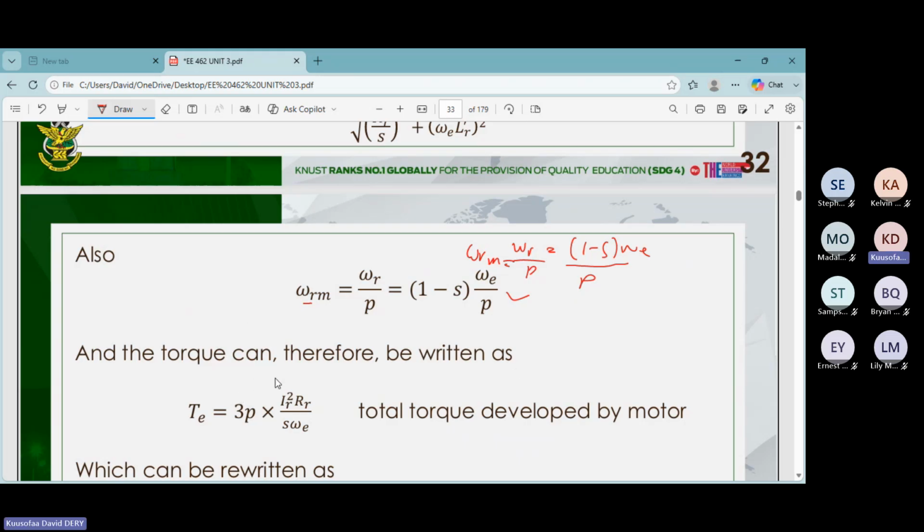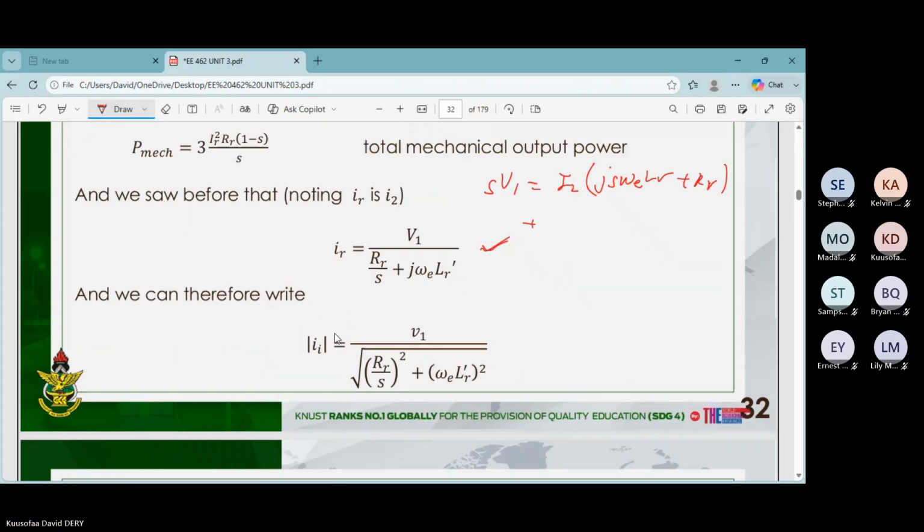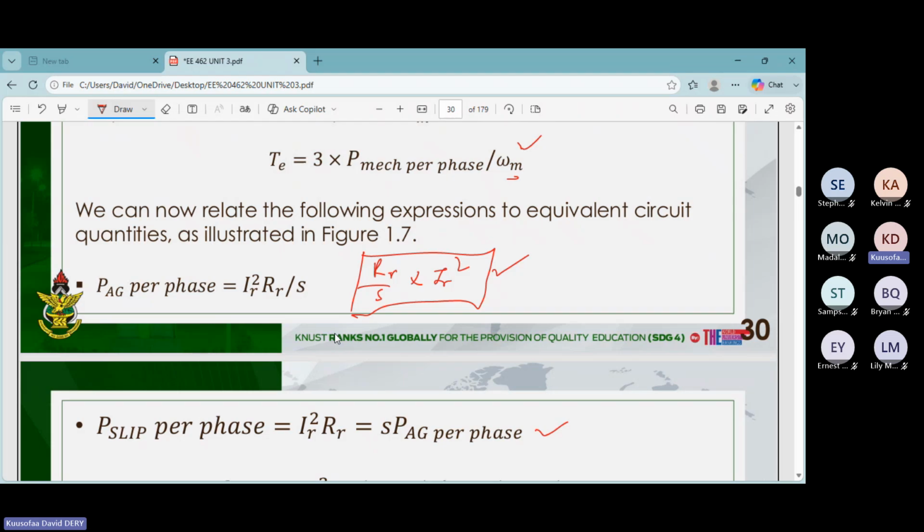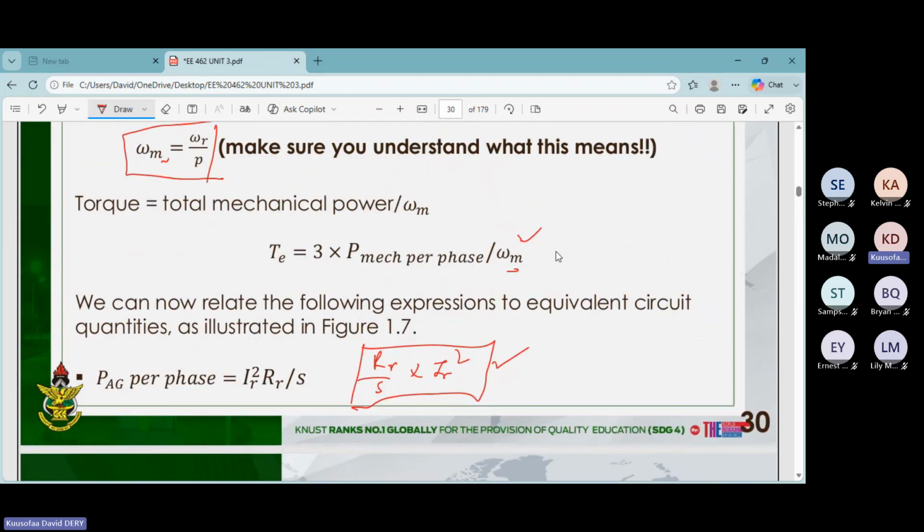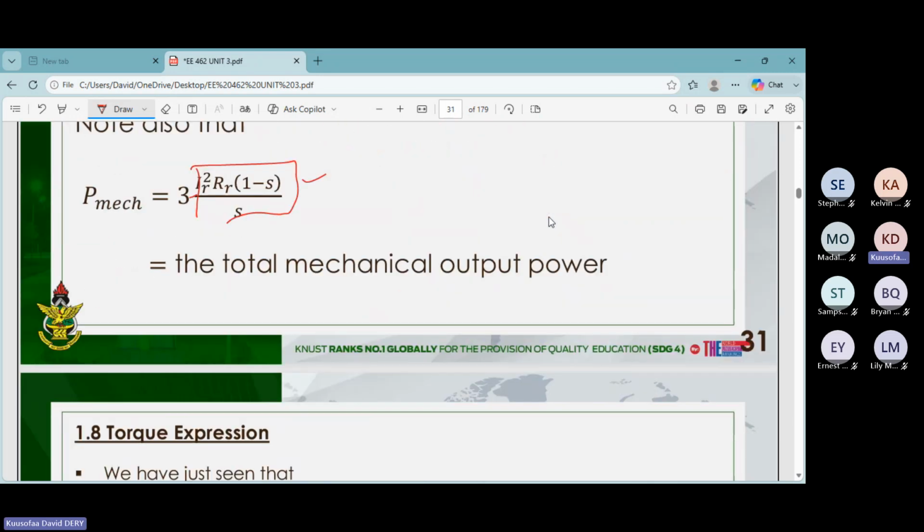And the torque can also be given by this expression. So now, where is this coming from? So we come back to the relationship we had here, this relationship that we have here. So that is what we are using to do the conversion.